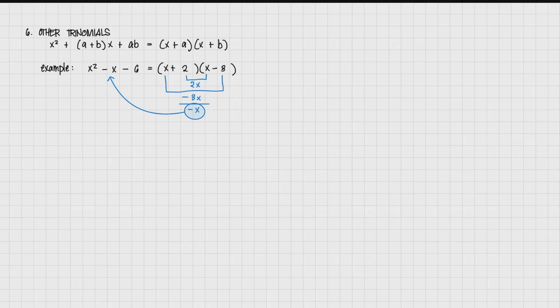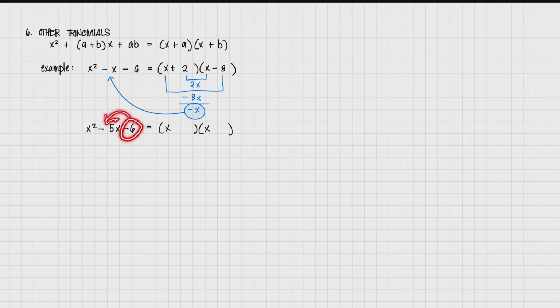So maybe another example. So let's try, say, x squared minus 5x minus 6 equal to. So x squared factors as just x, x. So again, we don't know what's inside. So again, we're going to use negative 6. Which factors of negative 6 are you going to use so that you get negative 5?